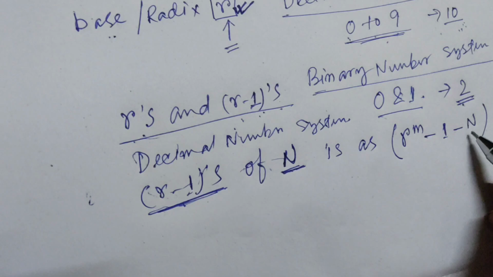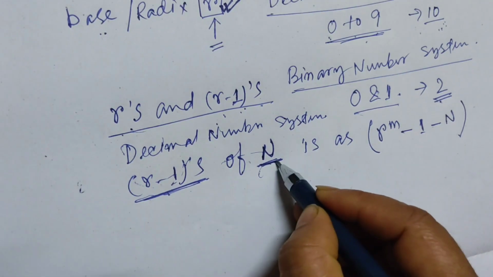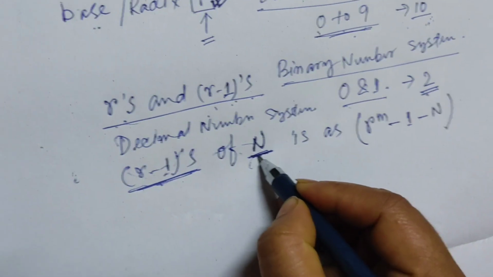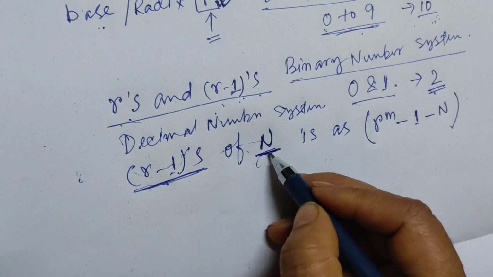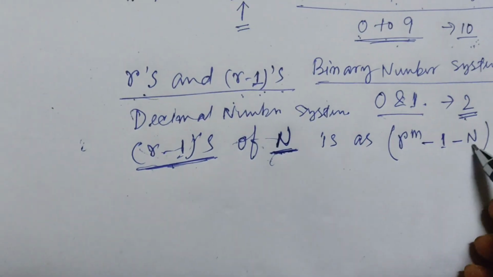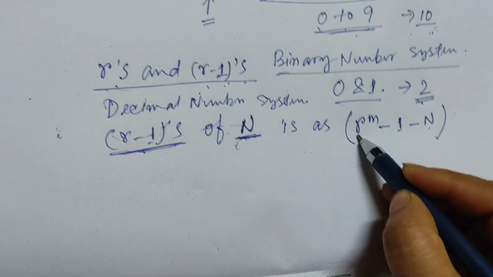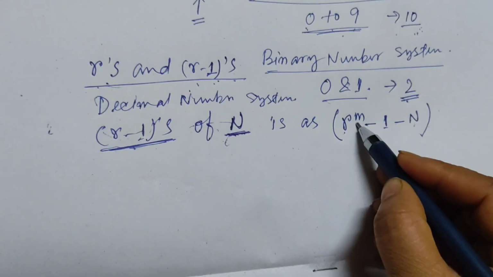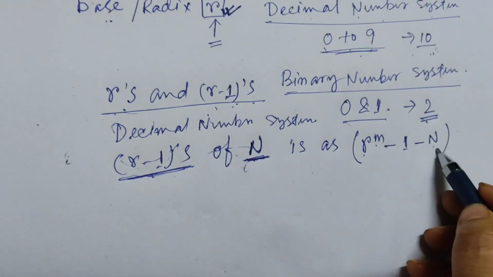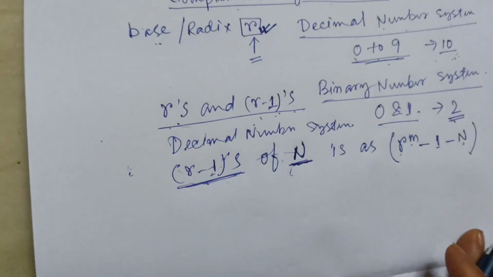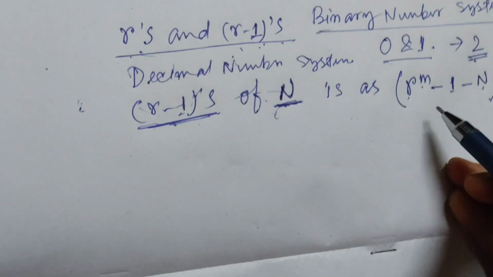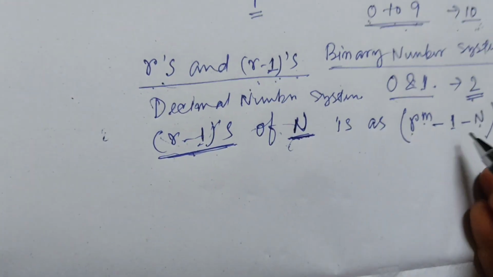Here, as we have already said, n is the number whose r minus 1's complement we want to find out, r is the radix or base, and m is the number of digits in this number. Now how can we find the r minus 1's complement?